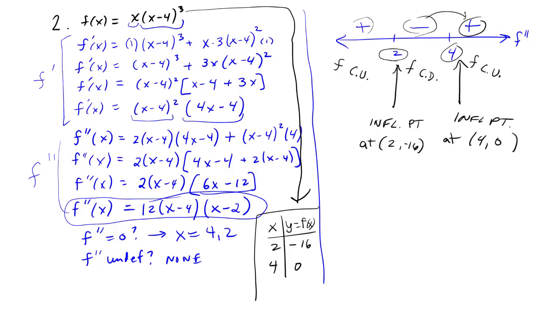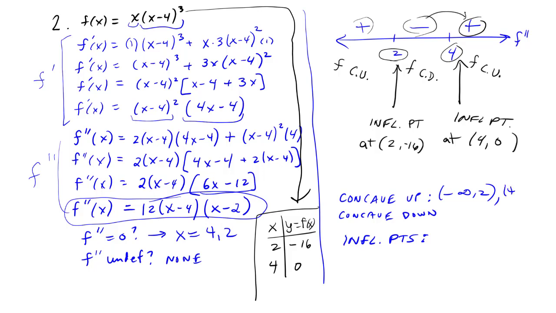And now I summarize. Concave up, concave down, and any inflection points. All right, it was concave up on negative infinity to 2 and 4 to infinity.